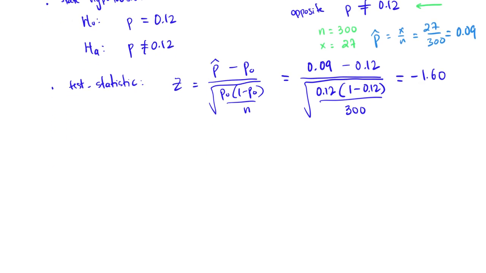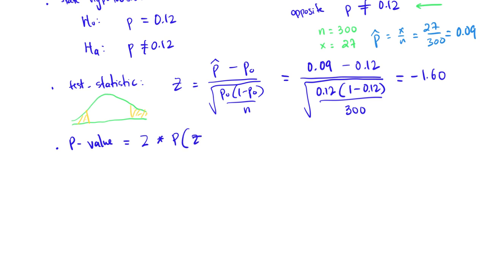Next, we find the p-value for the test. This is a two-tailed test because in the alternative hypothesis, the inequality is not equal to, so we will shade two sides. And if it is a two-tailed test, the p-value is 2 times the probability of z.